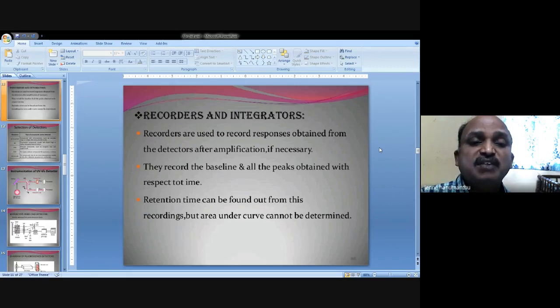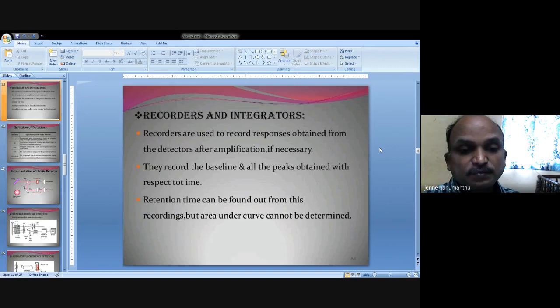Suppose in the picture we have four components. We have to represent the output of the detector as four peaks. Each peak refers to a separate component. Each peak refers to its concentration. So if a graph has four separate peaks, it means four components are available, and its concentration in the unknown sample, right?